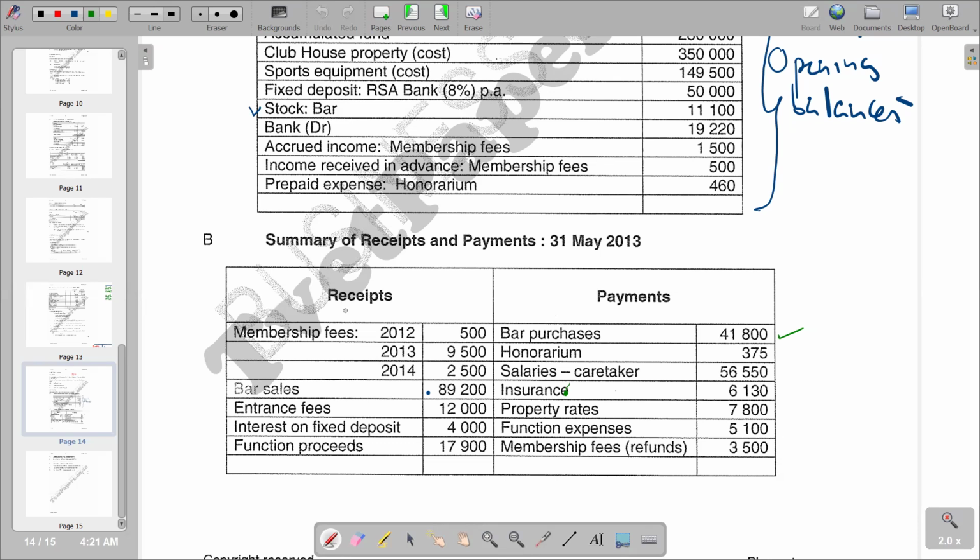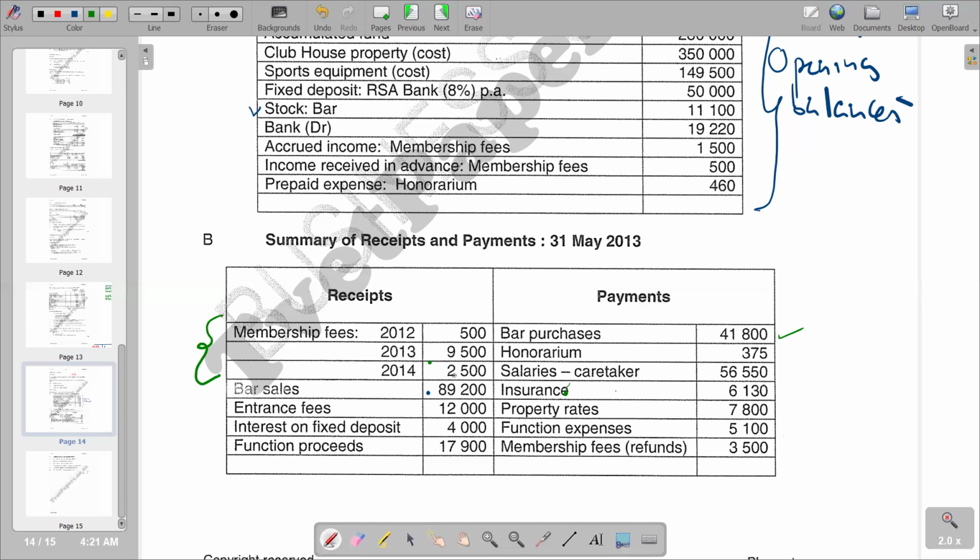So we start with our receipts part and see what entries we can post to our membership fees account. You see that on the debit side, we do not have anything that is supposed to be entered in our membership fees account. We have our membership fees, which is this one, whereby we debit and then we credit our membership fees account.